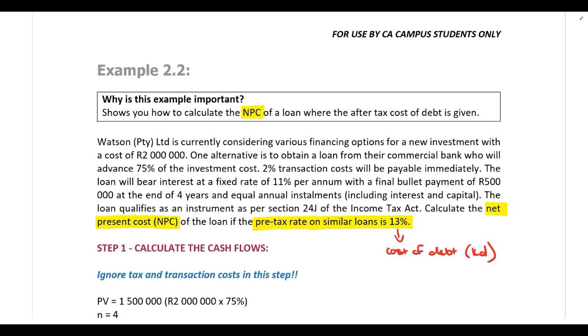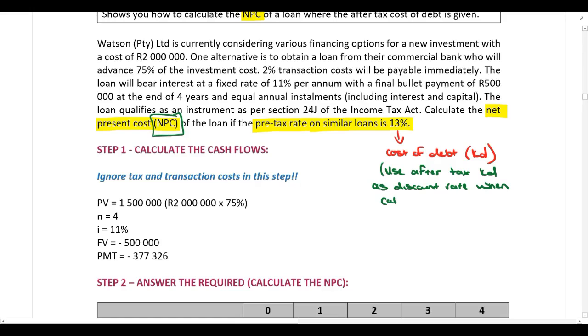And please note, when we are calculating the net present cost, we use the after-tax cost of debt as our discount rate. Now, this is the first difference between the last example and this example.